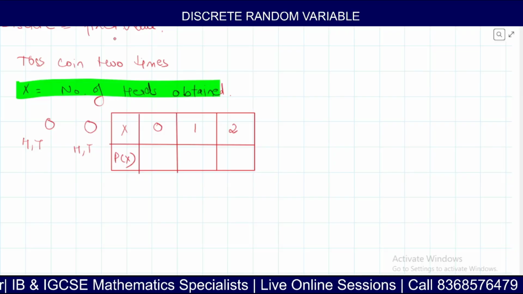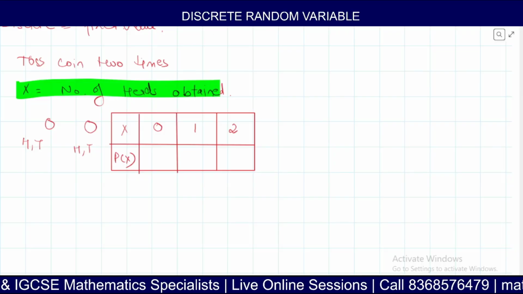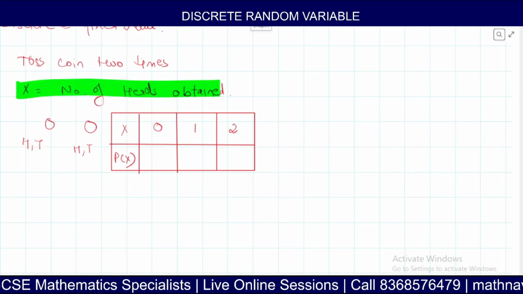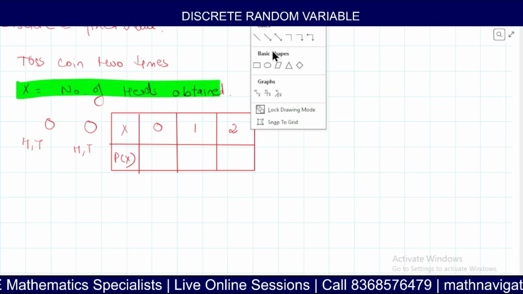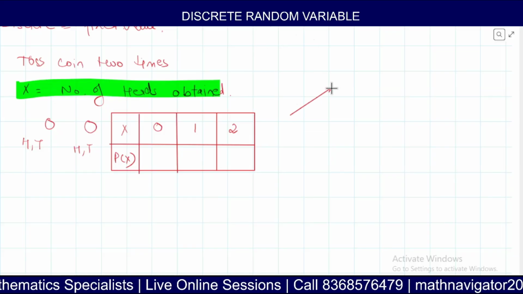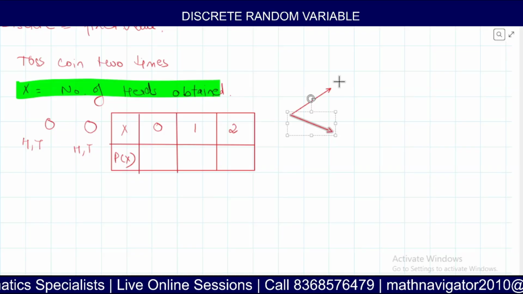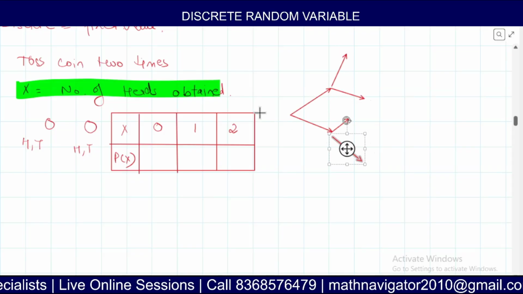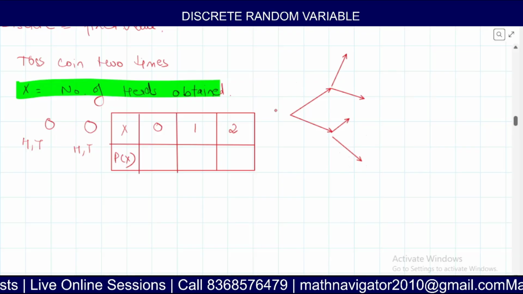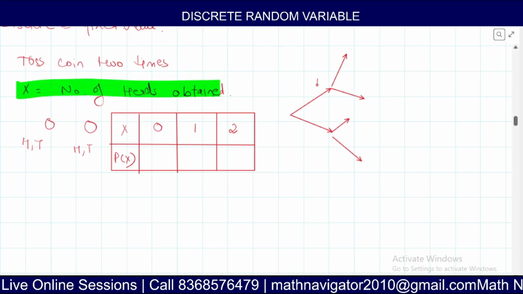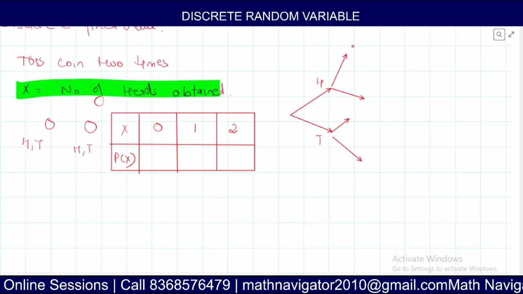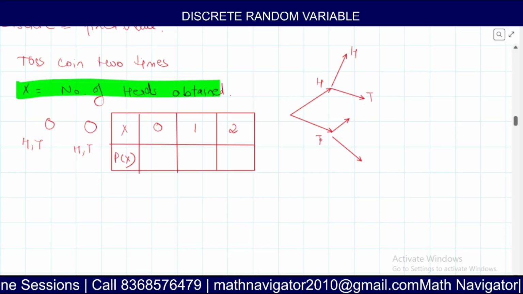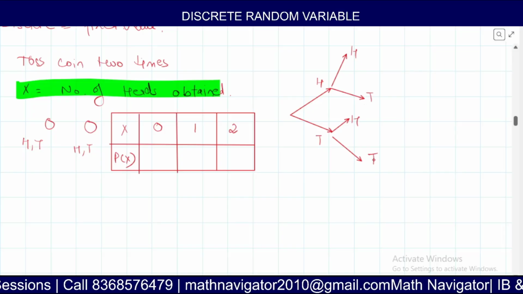So I'll use a tree diagram to find the probability. Let's make it. Or I can use a two-way table as well. It can be a head or a tail, head or a tail, head or a tail.